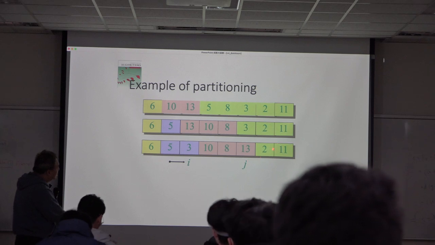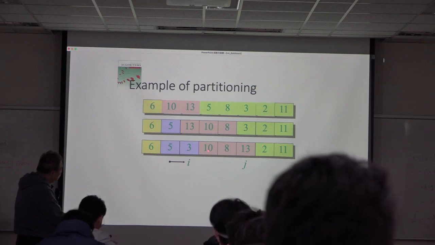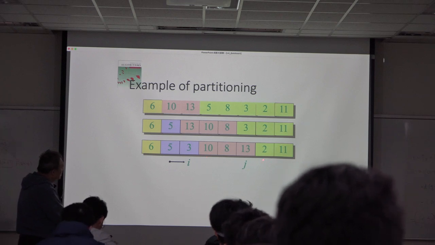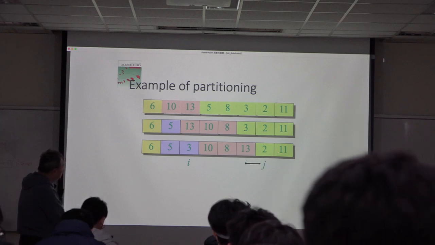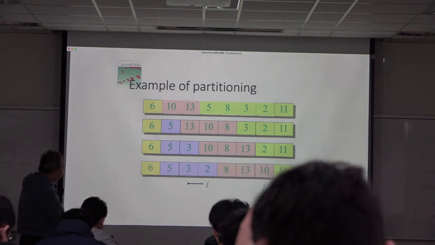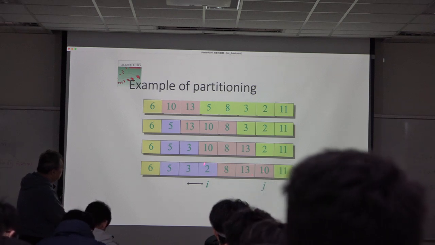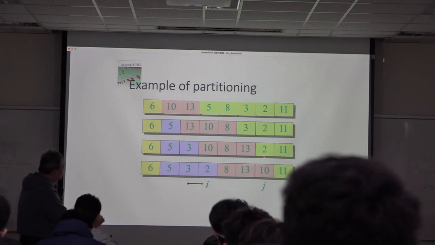And then the next element is 2. 2 is smaller than 6. Again, we need to move I one position to the right, with J pointing here, and do an exchange. So we exchange 2 and 10.